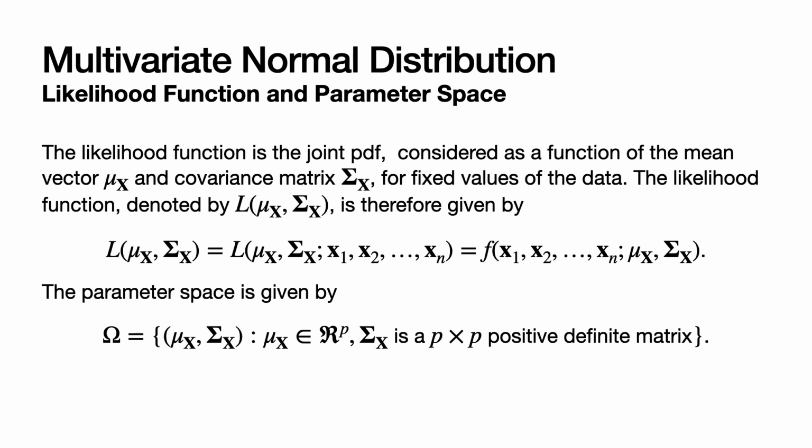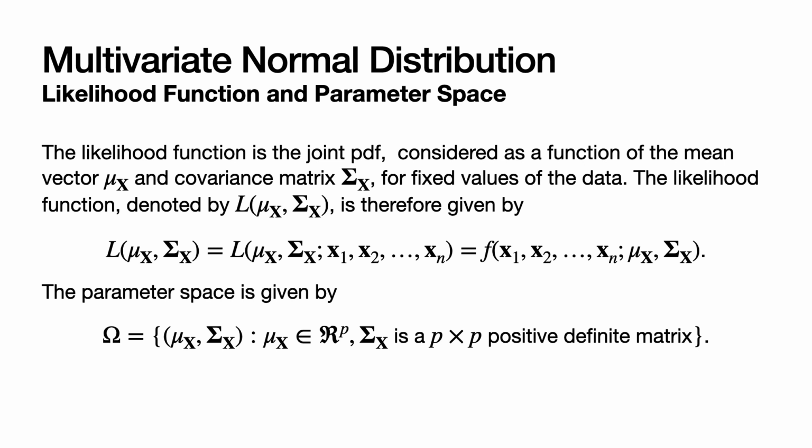Now the parameter space, which we will again denote by uppercase omega, is the set of ordered pairs. But now the ordered pair is a little bit more complicated because the first coordinate is the p by 1 mean vector, and the second coordinate is a covariance matrix, a p by p matrix.